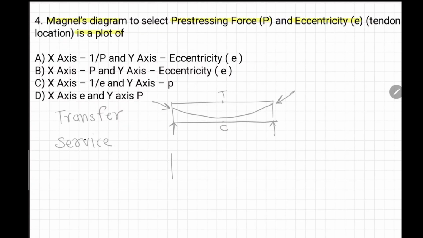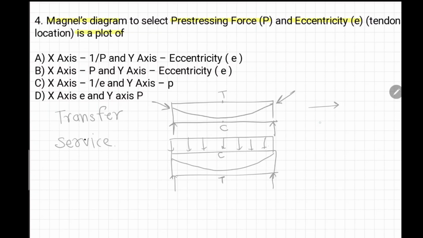And during service, after all pre-stress force losses and service load placed, we sometimes get tension and compression at the top. So we have 4 equations, 2 at transfer and 2 at service.